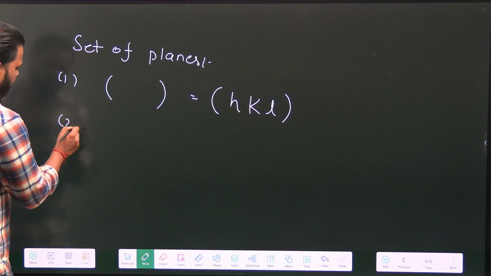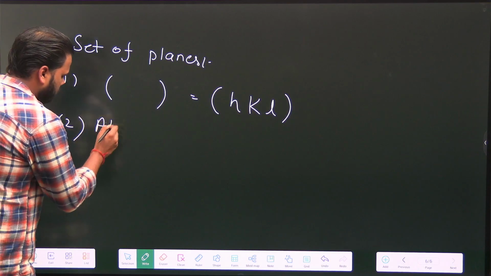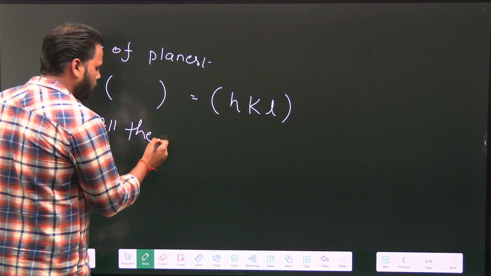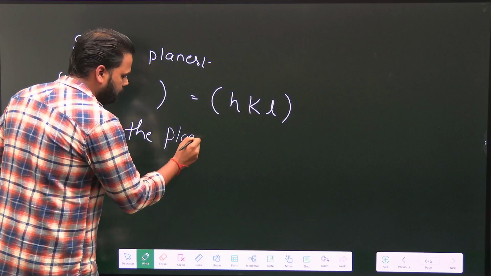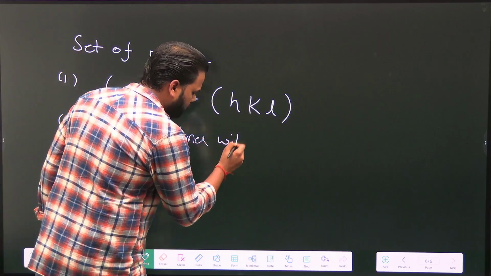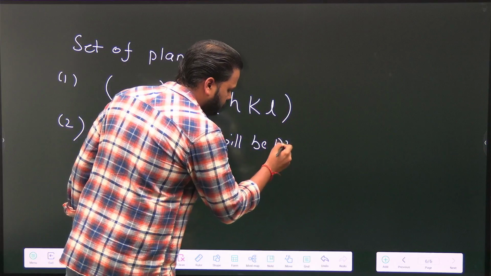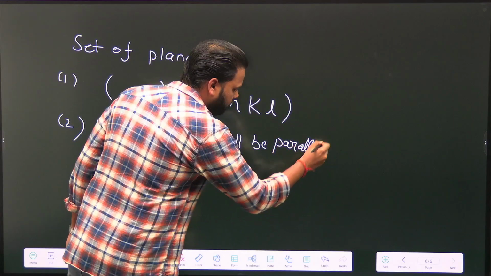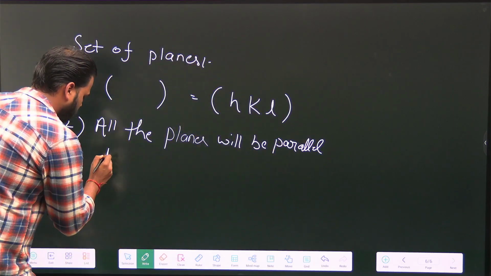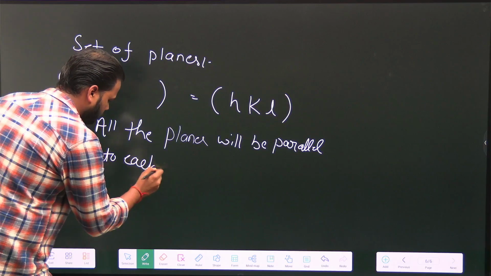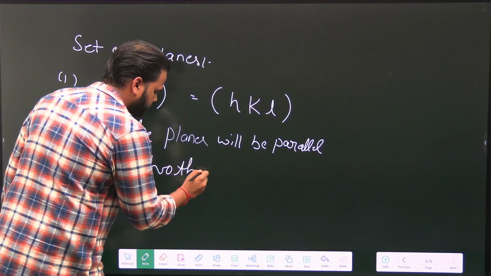And the second point is, all the members, or you can say all the planes, will be parallel to each other. All the planes will be parallel to each other. Okay?